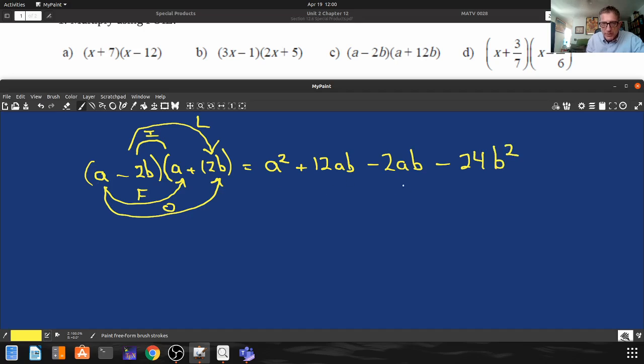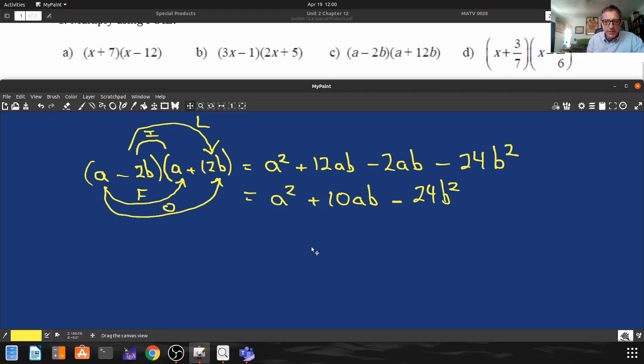So again, I have to simplify my middle terms. But 12ab minus 2ab is 10ab. And we have our result.